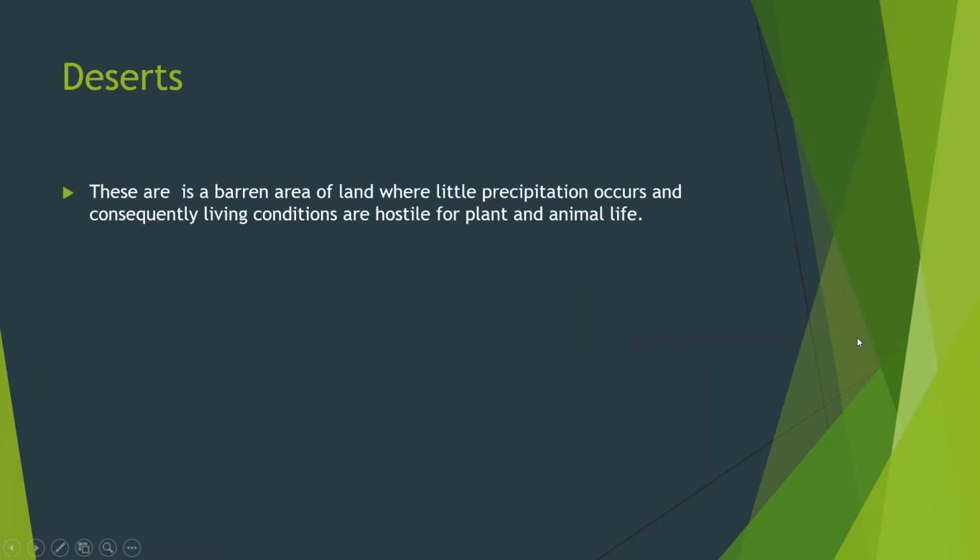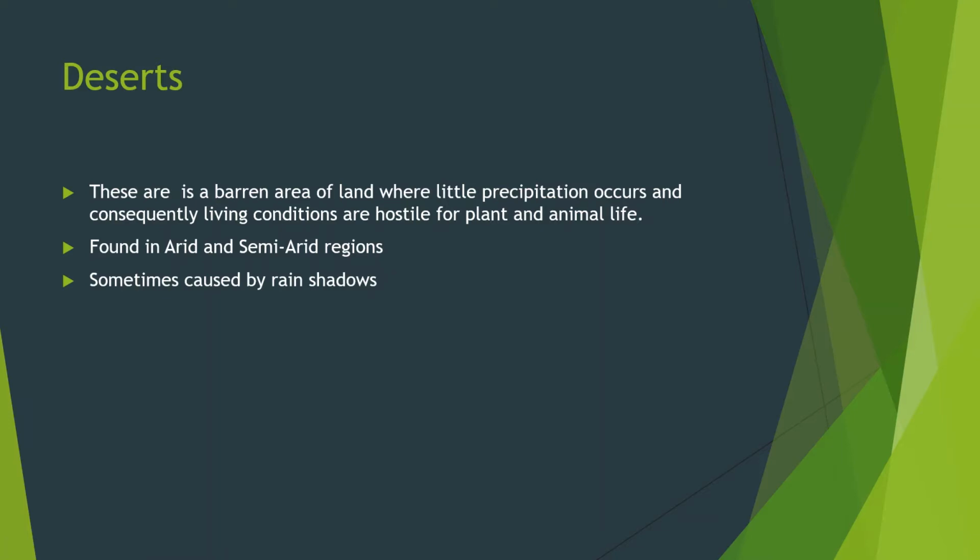So deserts are barren areas of land where there is little precipitation, and consequently living conditions are hostile for plant and animal life. Same with the glaciers. Found in arid and semi-arid regions, and sometimes caused by rain shadows, a phenomenon which will be discussed later, they can be divided into two.